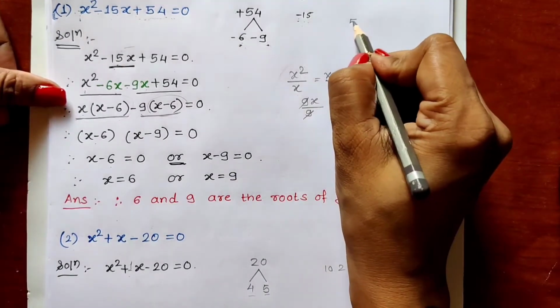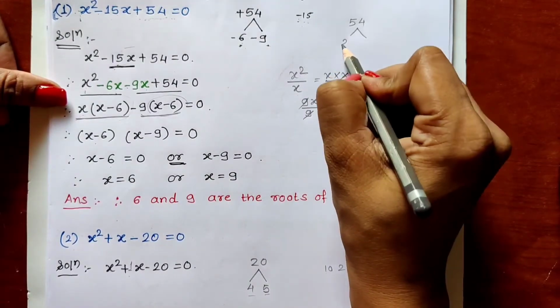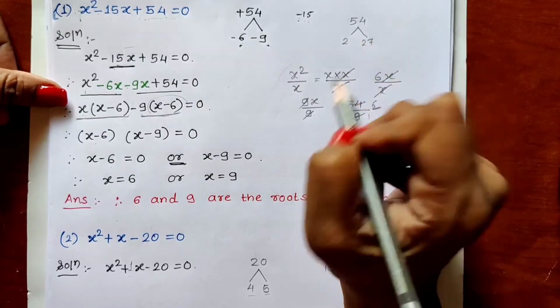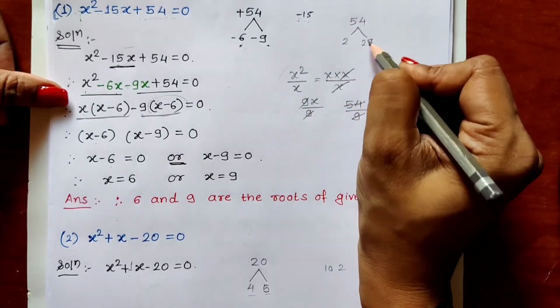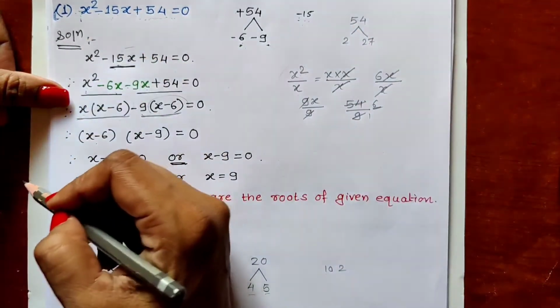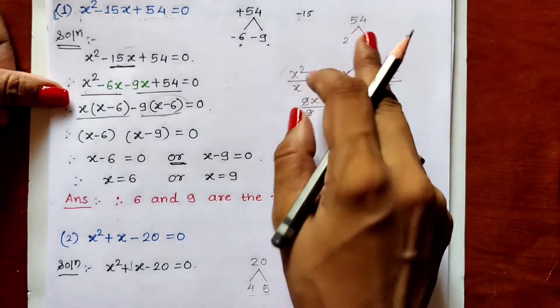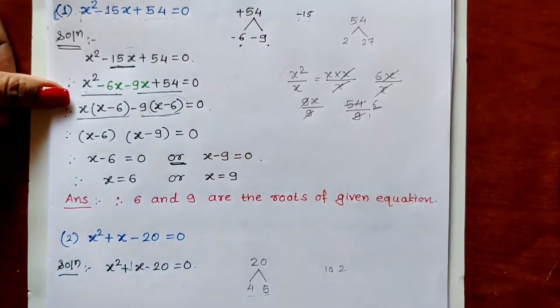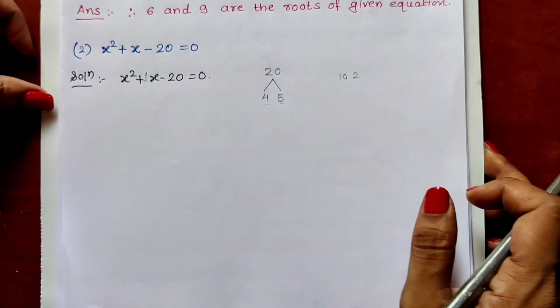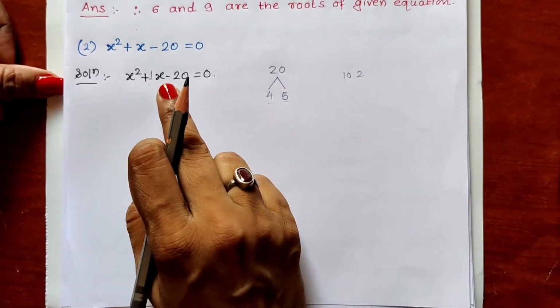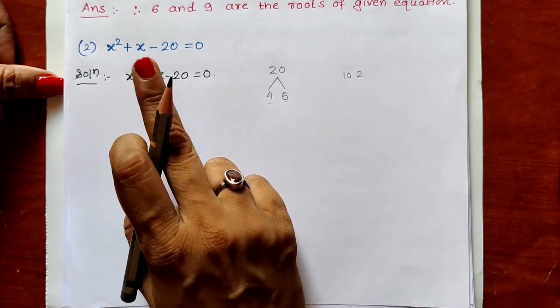We all know the factors of 54 are 2 into 27. 27 2s are also 54, but 27 plus 2 is not 15. So we have to get such two factors whose addition should be the middle term, or such two factors whose subtraction should be the coefficient of the middle term.